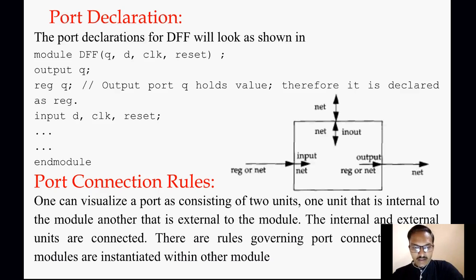One can visualize a port as consisting of two units, one that is internal to the module and another that is external to the module. Internal and external units are connected, and there are rules governing the port connections when a module is instantiated within other modules.